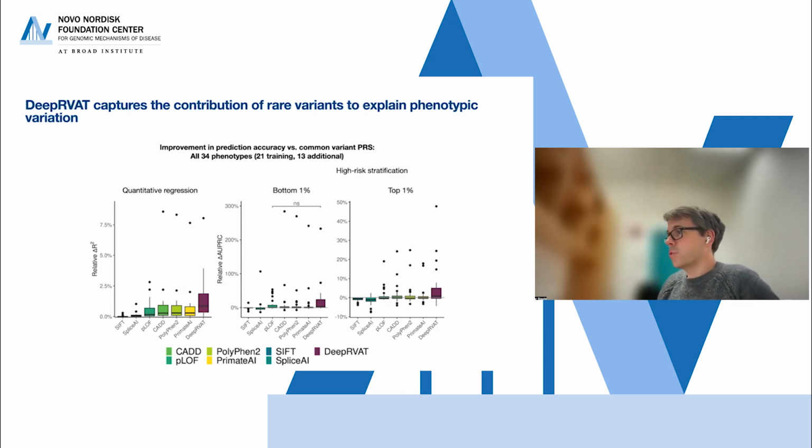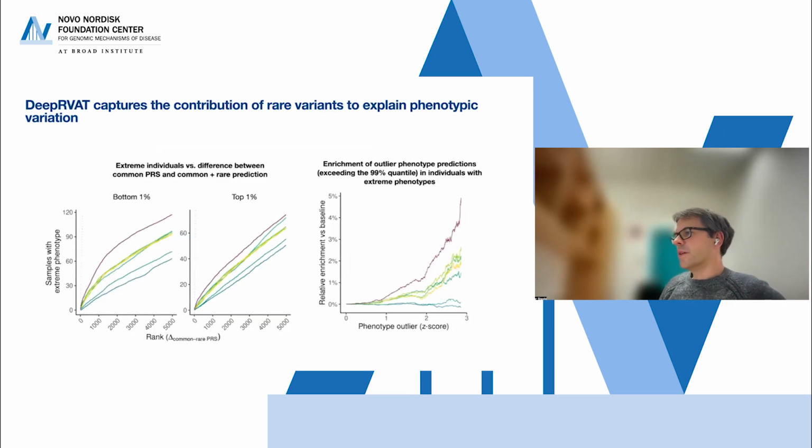You can also train other questions where you want to predict the top or bottom 1% of individuals. You get a similar picture, particularly for the top individuals. You can see an appreciable bump in how well you can predict these individuals at high risk. This is maybe not the most straightforward visualization, and I think this is a much nicer way to look at it.